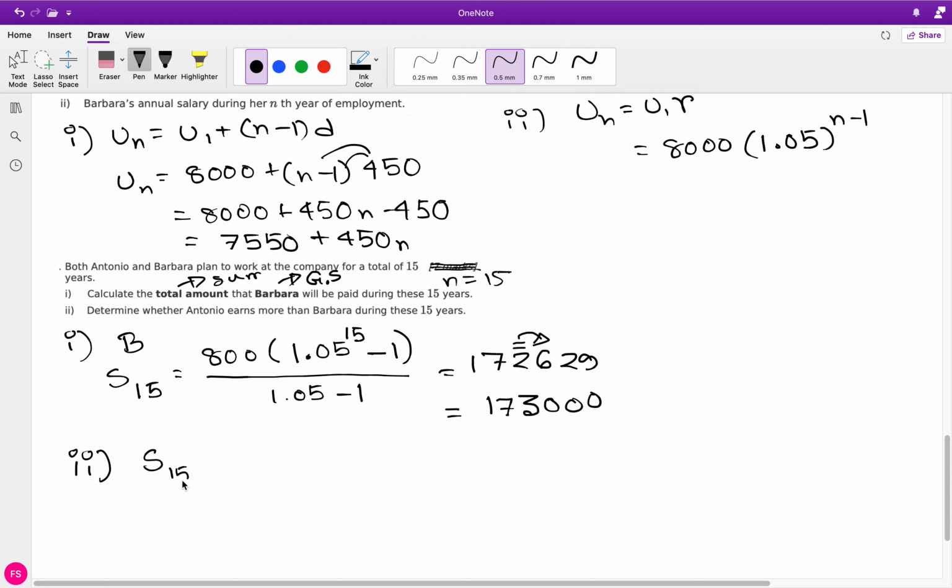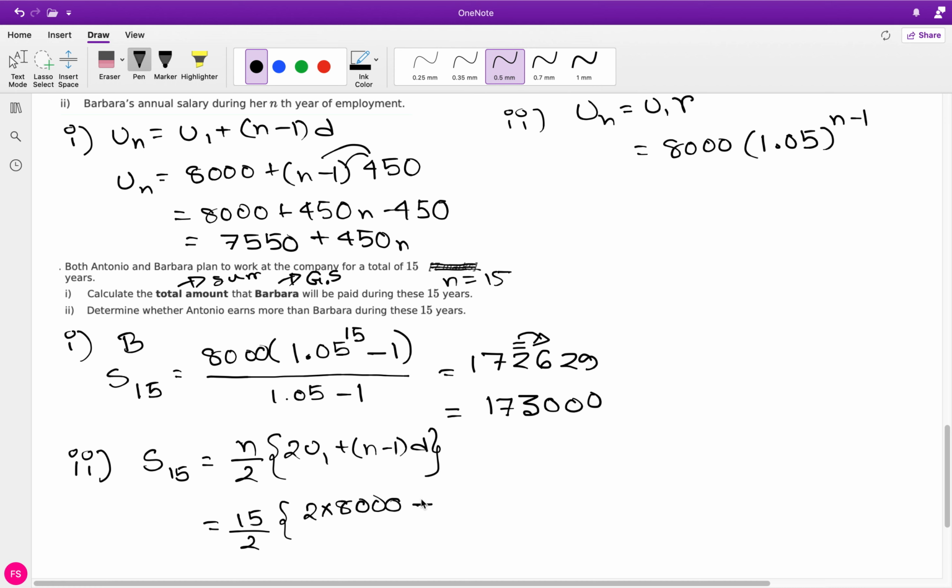Let's calculate the total sum for Antonio. S15 equals, the sum of an arithmetic series is n over 2, (2 times u1 plus (n minus 1) times the common difference). This equals 15 over 2, in brackets 2 times the first term, which is 8,000. Sorry, this is 8,000 by the way. 2 times 8,000 plus (n minus 1), n is 15 minus 1, and the common difference is 450.